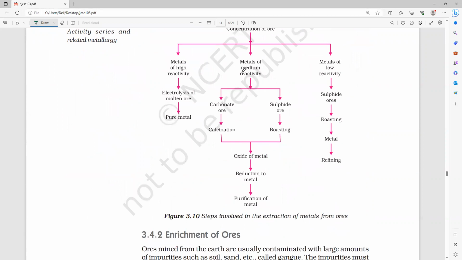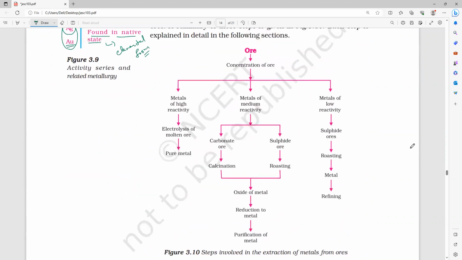Now this will explain the entire steps involved in the extraction of metals from ores. We should remember this, then only we can go further. According to this only we will go about the extraction of metals. So for highly reactive metals, very simple process.